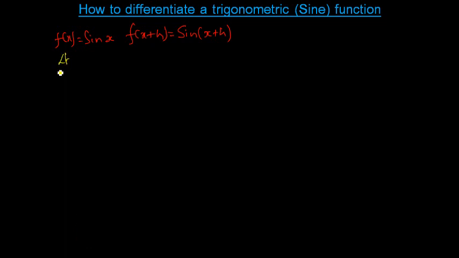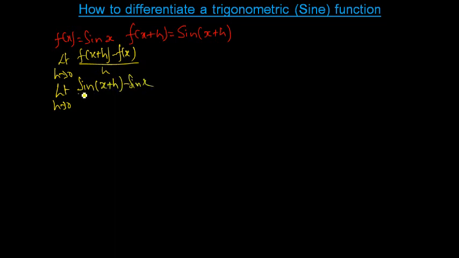The first principle says limit h tending to 0 of f of x plus h minus f of x over h, which is limit h tending to 0 of sin of x plus h minus sin x over h.